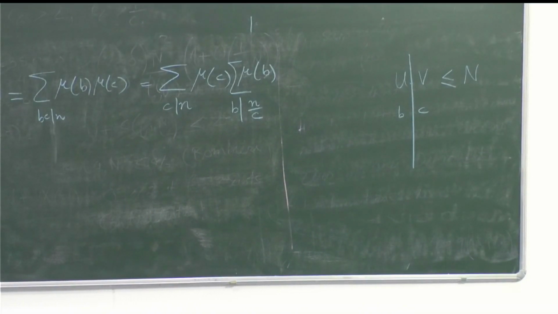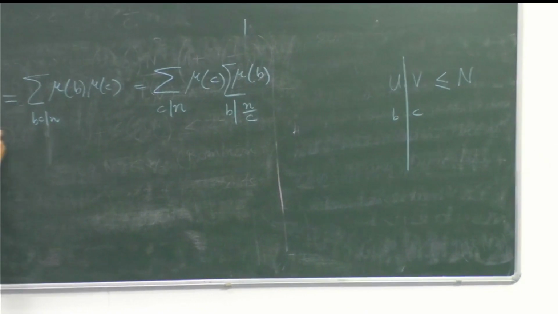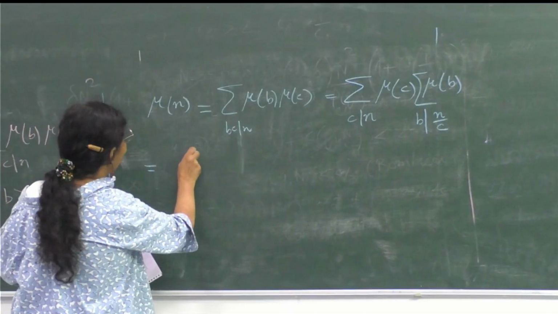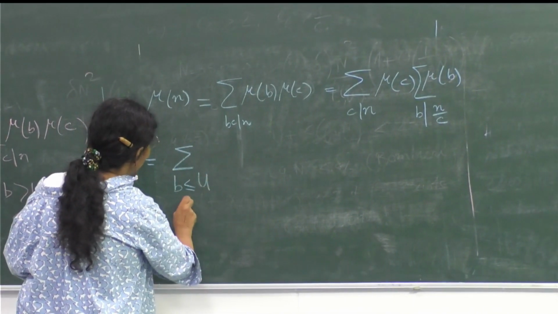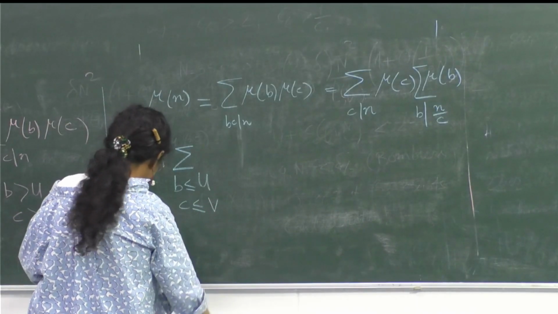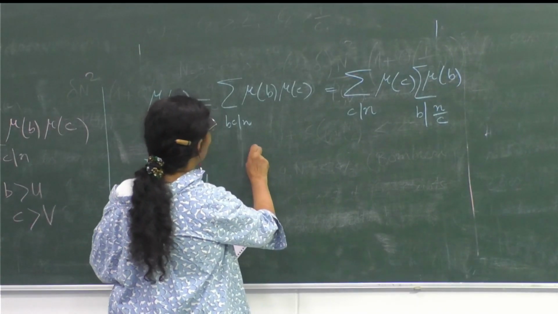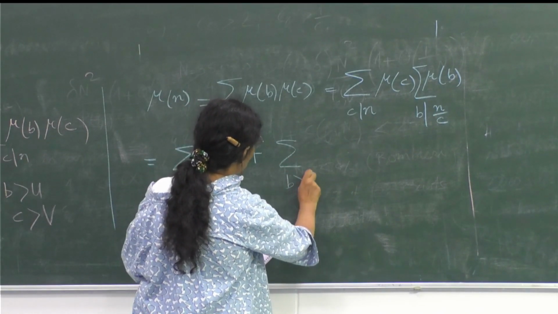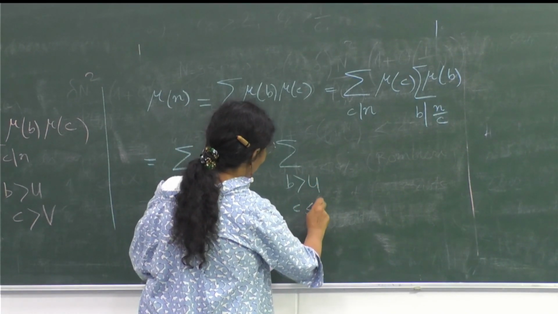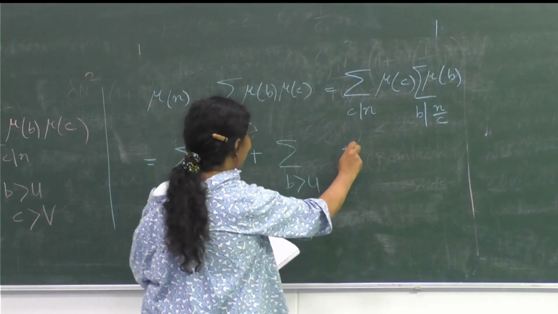So if you write mu of N for the whole set, then what happens? Is this all right? B is less than or equal to U, C is less than or equal to V, all right? Plus B is greater than U, C is less than or equal to V. That's what I said last time, I think.